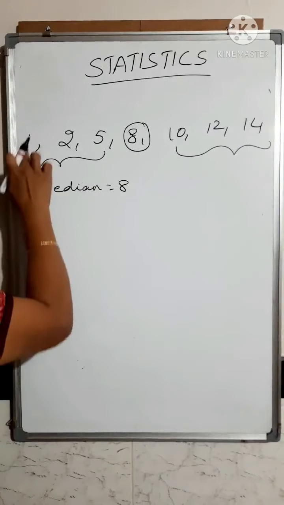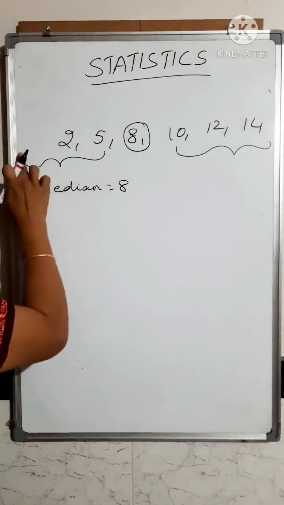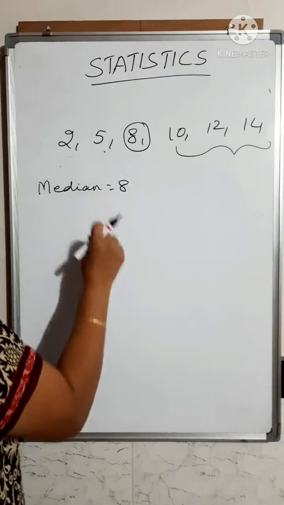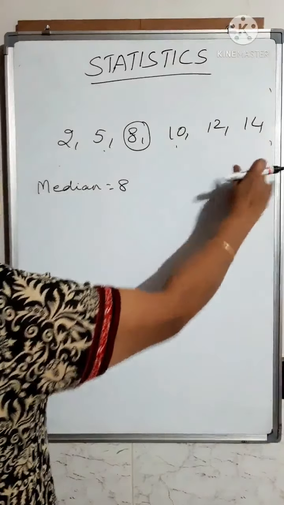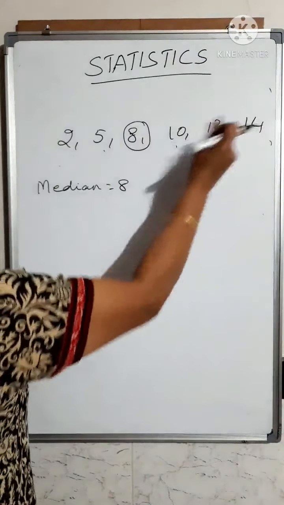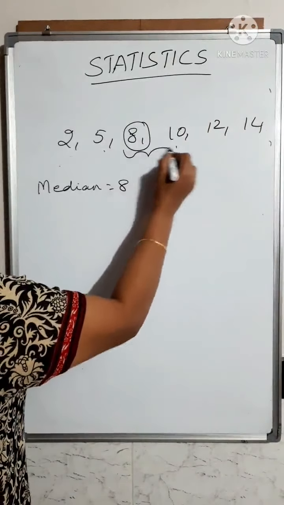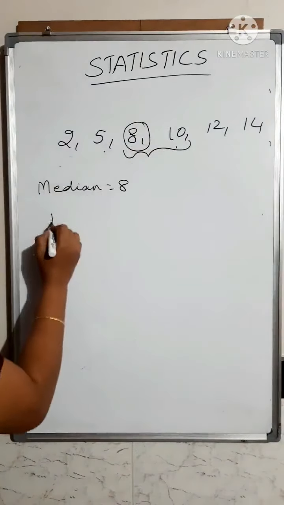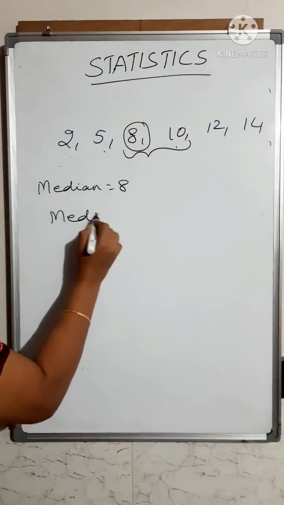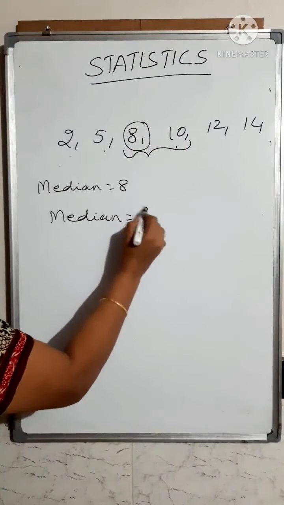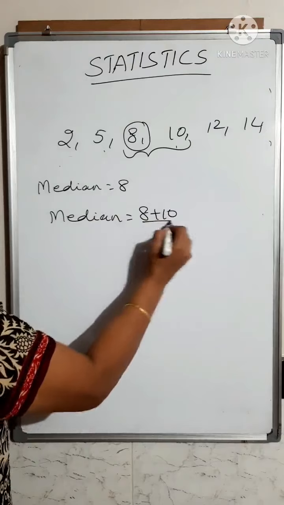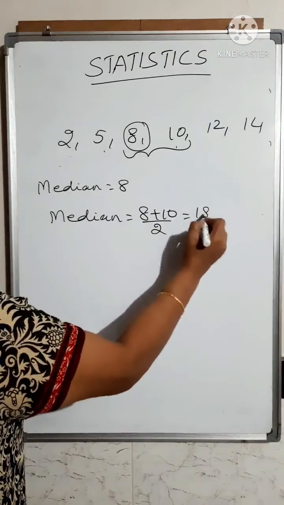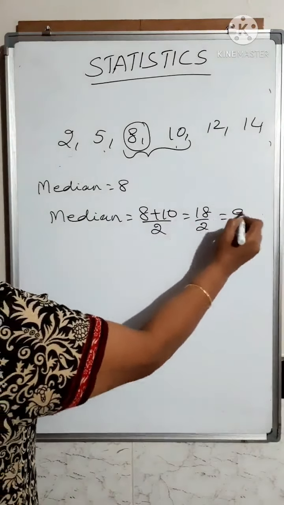Now suppose if you have got an even number of scores, then leave out equal scores on both the sides and take the middle 2 scores and find its average. So in this case the median will be 8 plus 10 upon 2, that is equal to 18 upon 2, which is equal to 9.